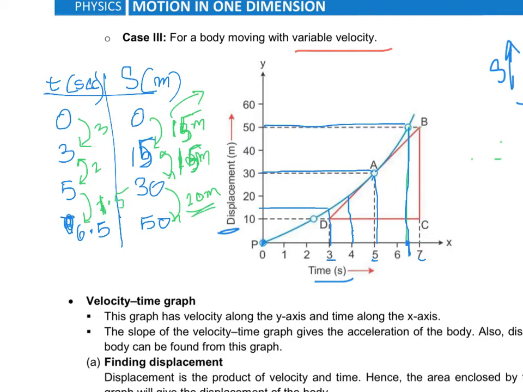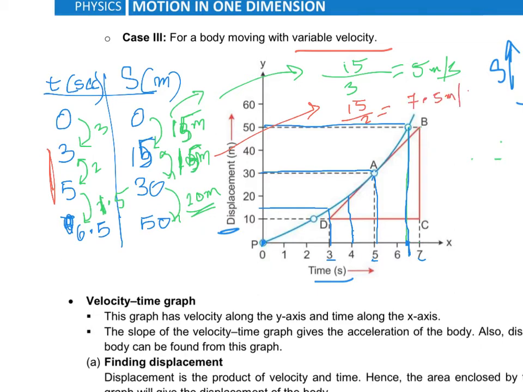Now if I try to see the change, from 0 to 3, that is a 3-second change, I have got 15 meters. So here my velocity is 5 meters per second. For this motion from 3 to 5 seconds, again 15 meters. So in 2 seconds it is 15 meters, so now it is 7.5.